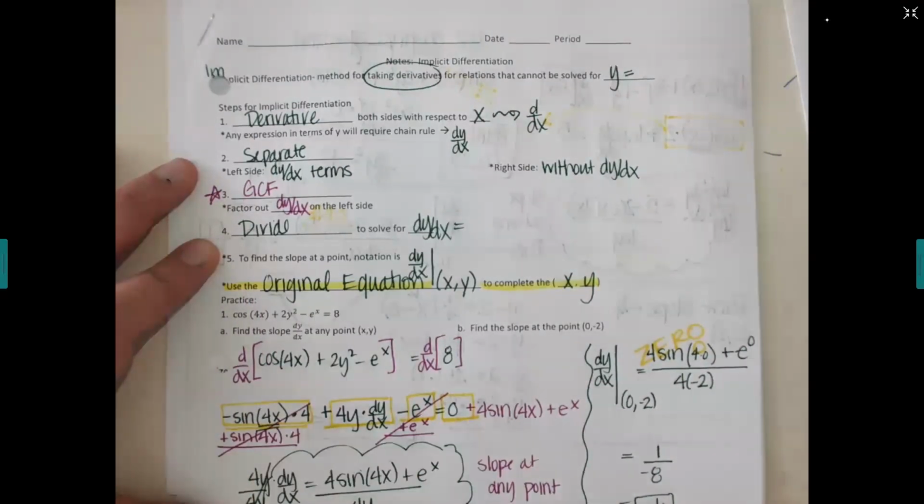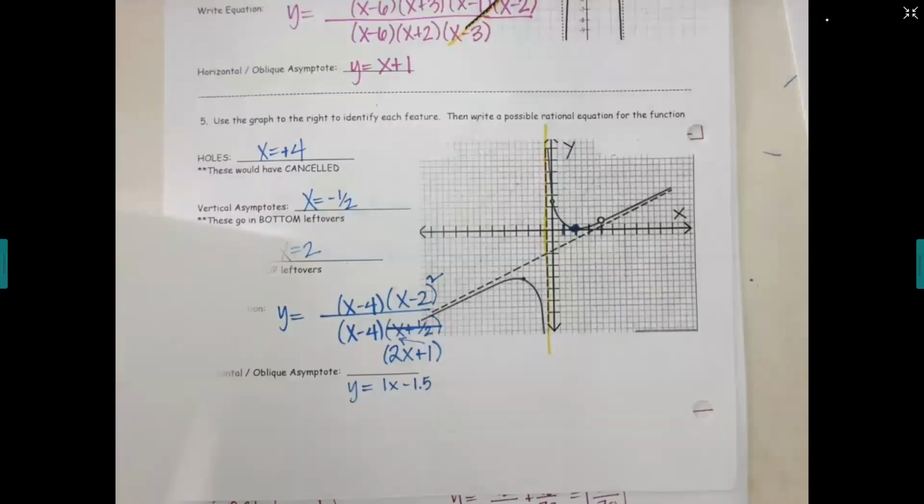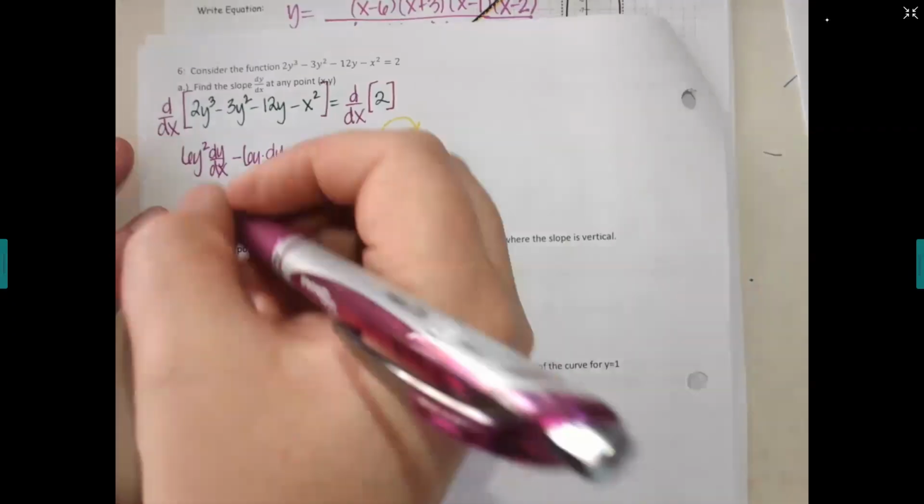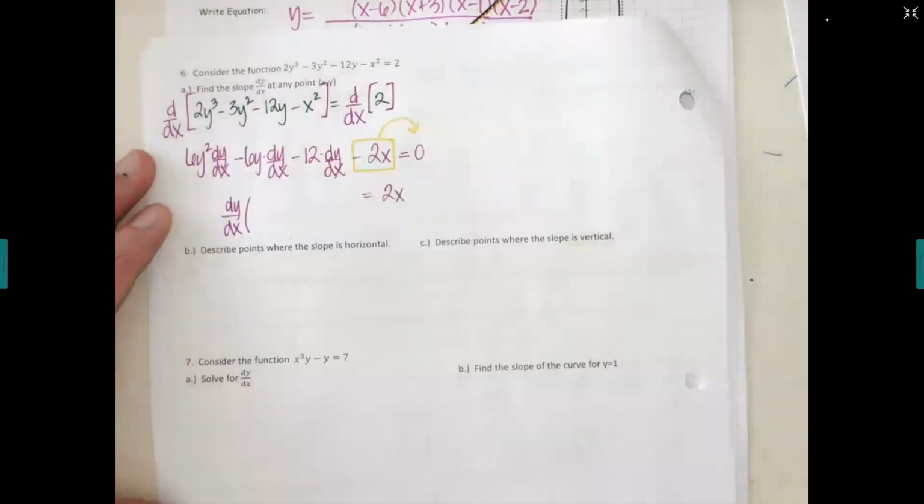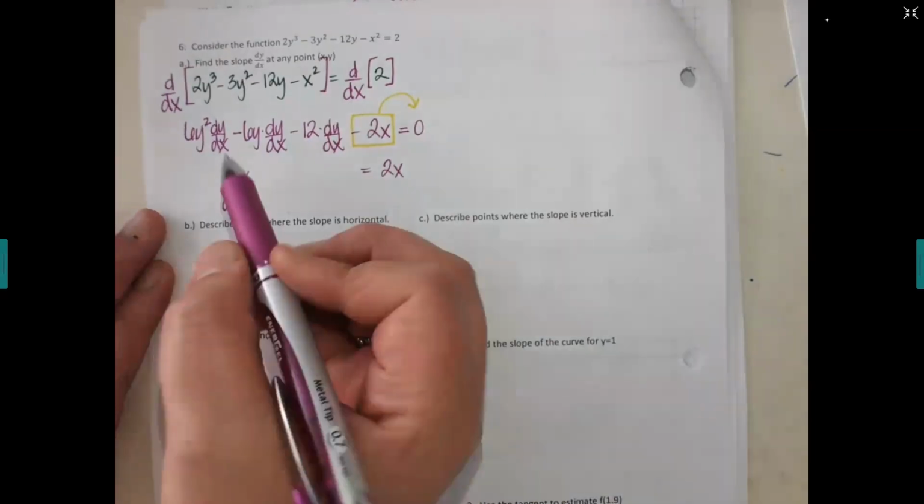Divide. So let's do it now on number 6. Okay, so I'm going to GCF my dy dx out to the front. Now, someone in my other class had said, well, can I also take out a 6? Okay, you could, but don't. So my dy dx comes out.